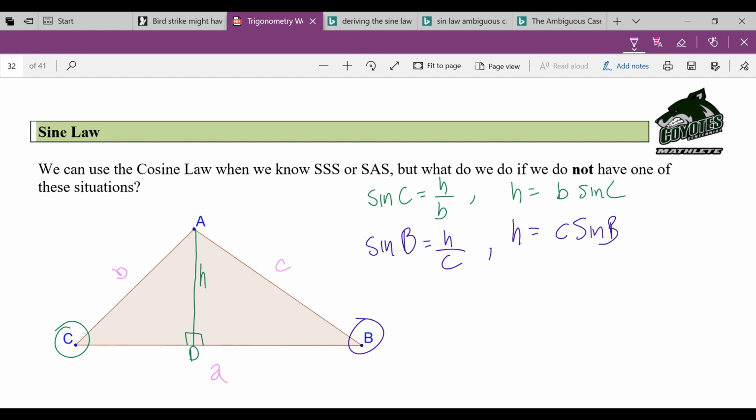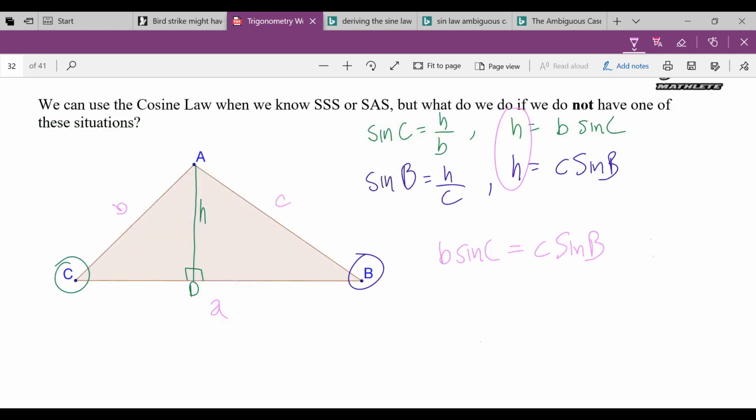Well, if H equals B sine C and H also equals C sine B, then necessarily B sine C equals C sine B. It all flows naturally and logically, doesn't it?